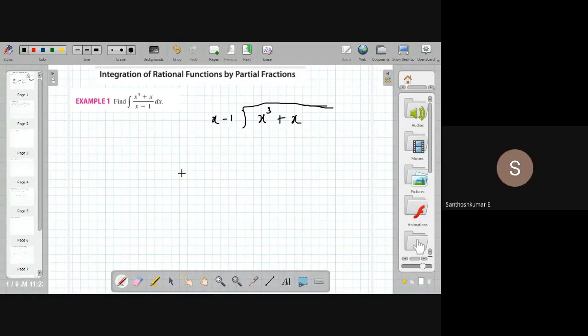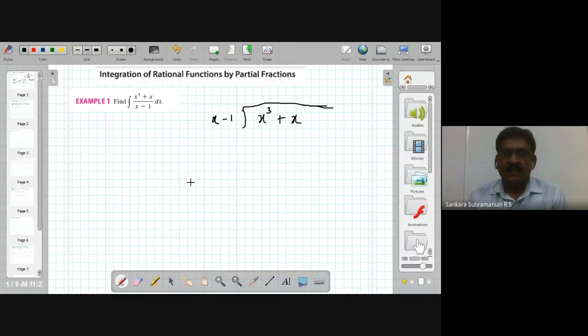You have to take the first term, but please write in a particular order, like x cubed, x squared, x and so on. You take the first one; x cubed by x, you get the term x squared.